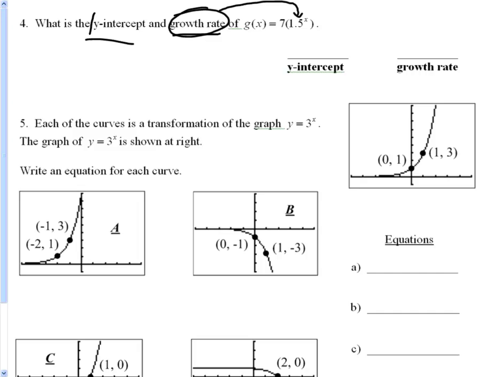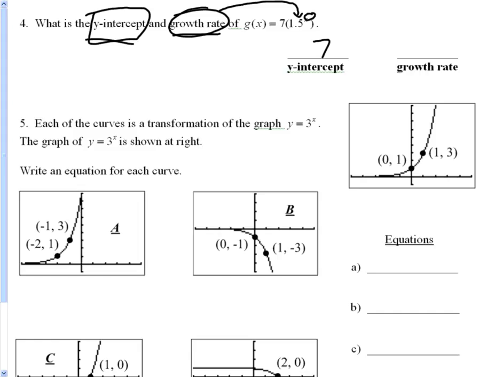The y-intercept, repeat this statement, or say what's supposed to come next. The y-intercept is where x equals 0. Okay, so if x equals 0, I just plug that in here. Figure it out. What's the y-intercept there? 7. Because 1.5 to 0 is just 1, and 7 times 1 is 7, so the y-intercept is 7.